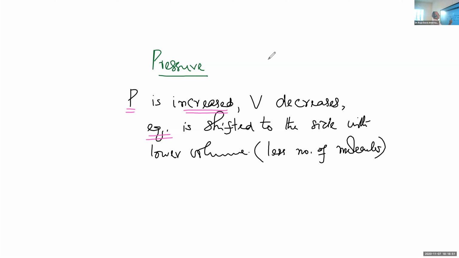And vice versa. That is, when pressure is decreased, volume increases, and equilibrium is shifted to the side where there is higher volume, that means more number of molecules.